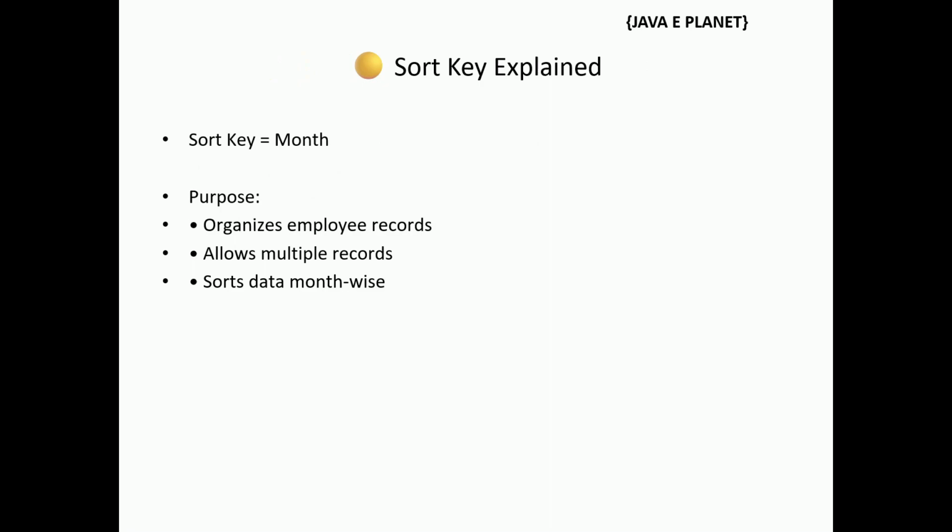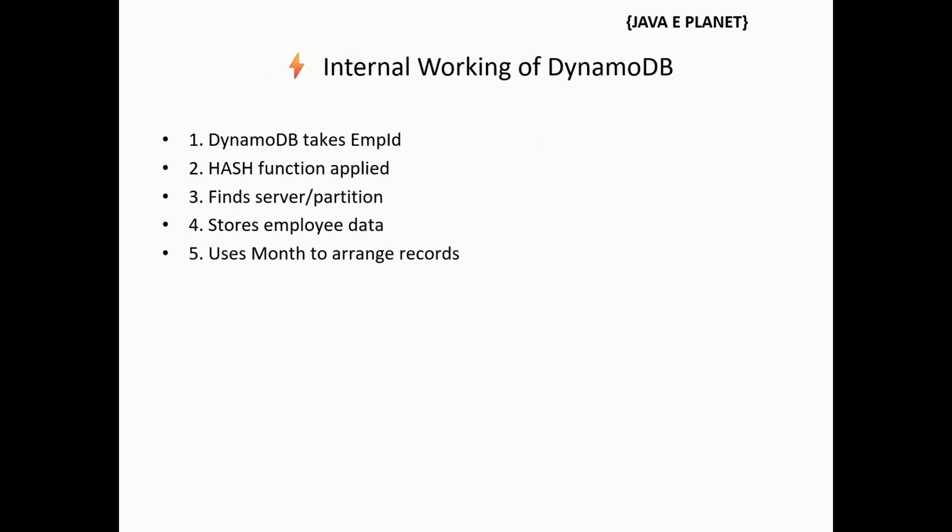And the internal working of DynamoDB, how it functions, is that DynamoDB takes the employee ID, which is the partition key, and applies a hash function to the value, and it finds the server or the partition, because the table is internally divided into partitions.